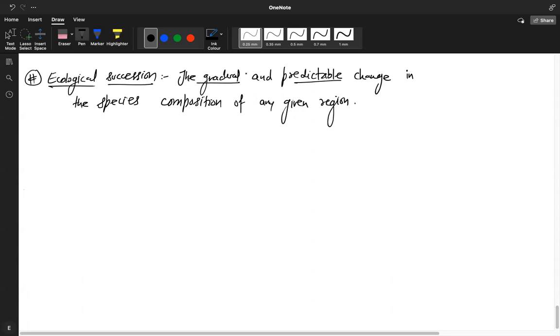So bare rock, cooled lava, newly created pond or reservoir, or abandoned structural architectures.